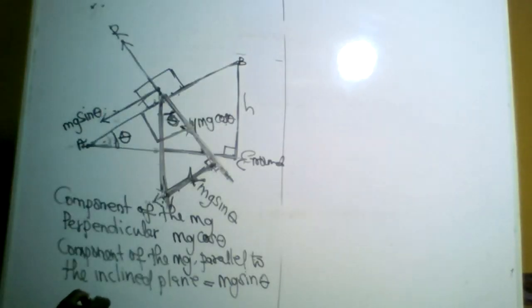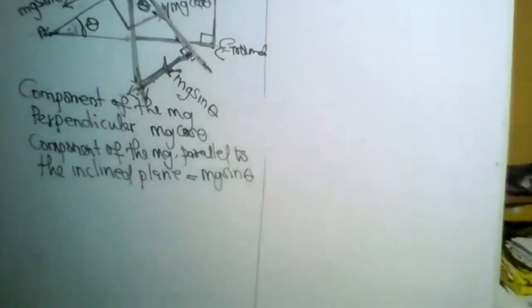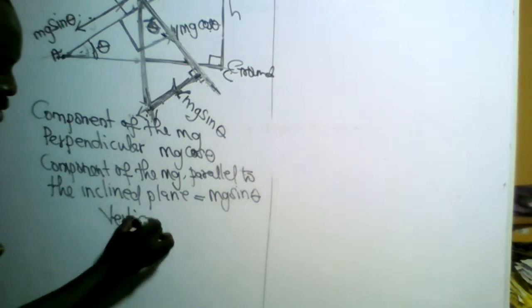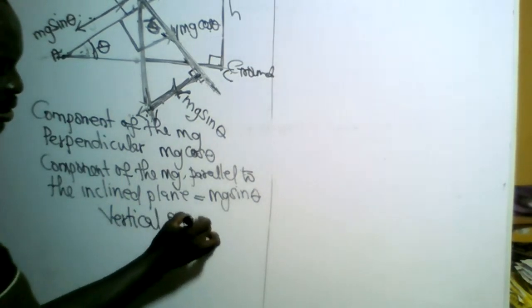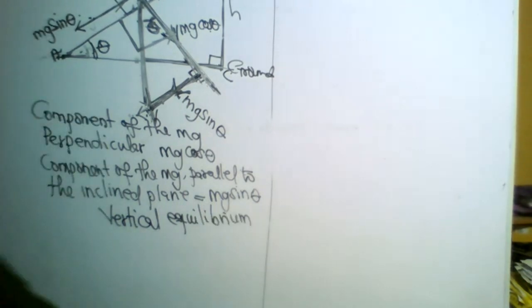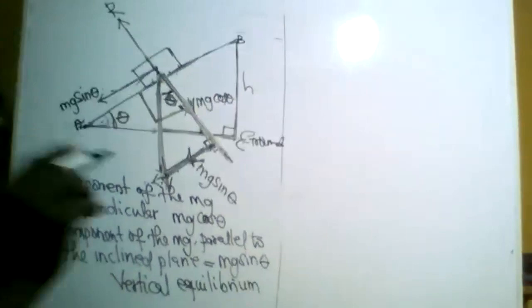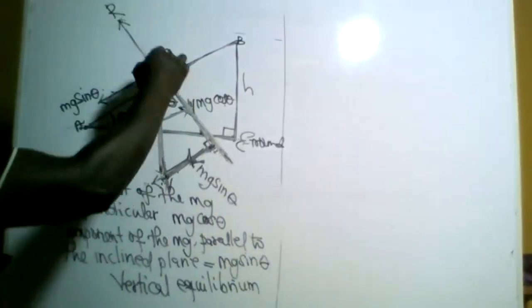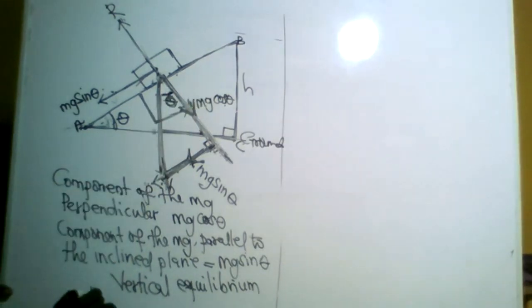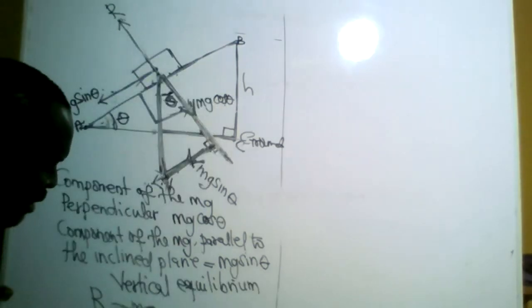Now, if we look at vertical equilibrium, total upward and downward forces, we realize that the reactional force is balanced by this component of the weight. So R, which is reaction, is equal to mg cos theta.